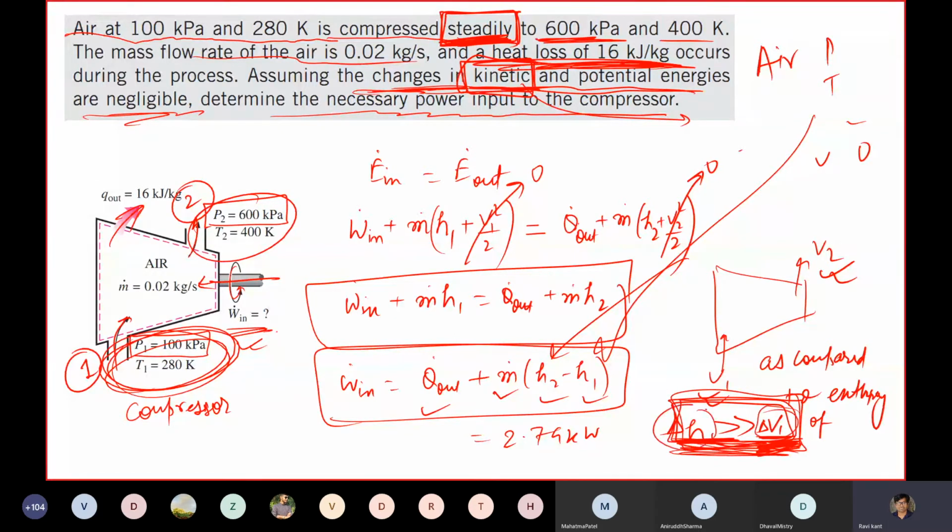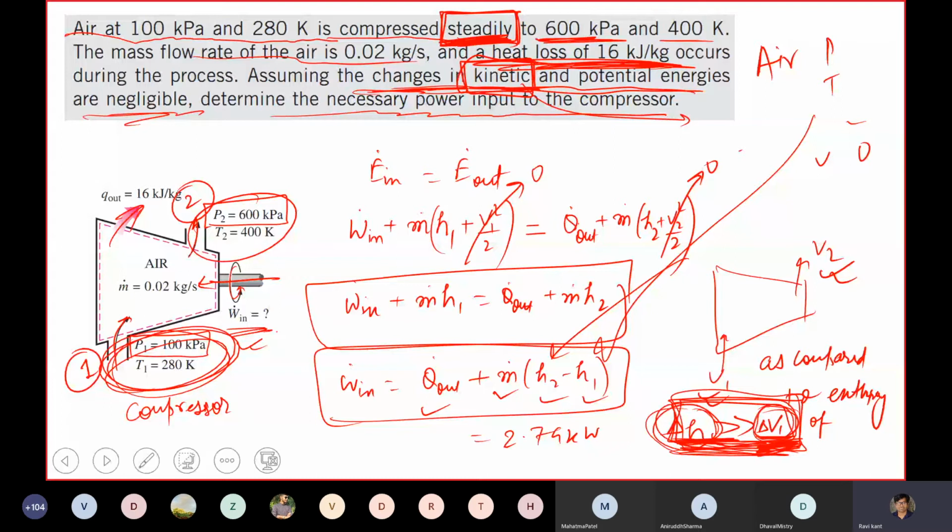I just forgot the word change last time. So keep in mind that the change in the enthalpies is higher as compared to the change in velocities and change in elevations. That is what we are always going to talk about, the change.